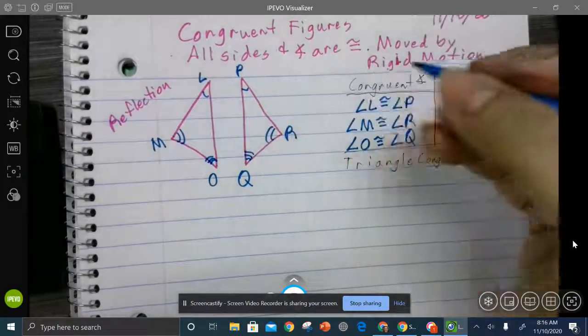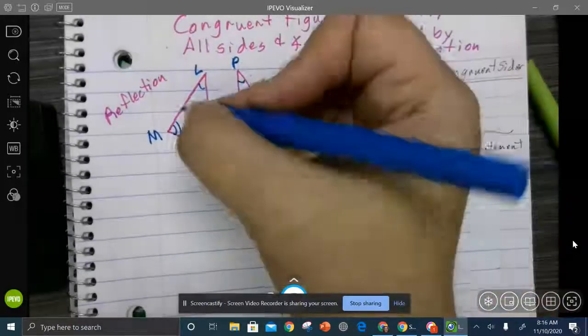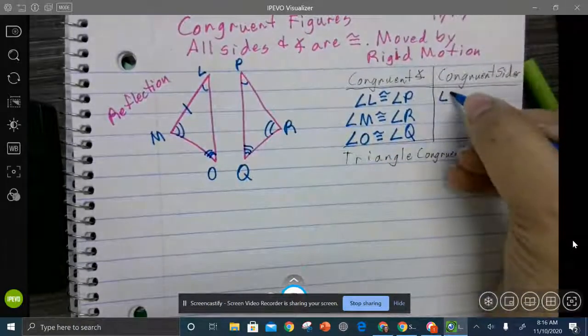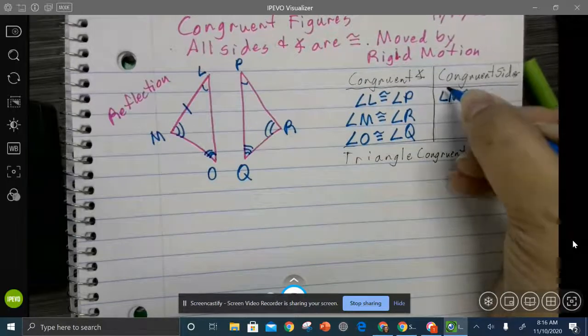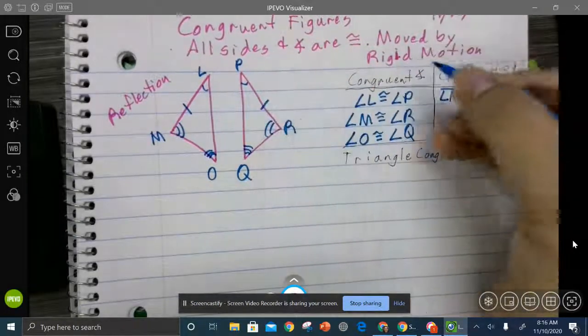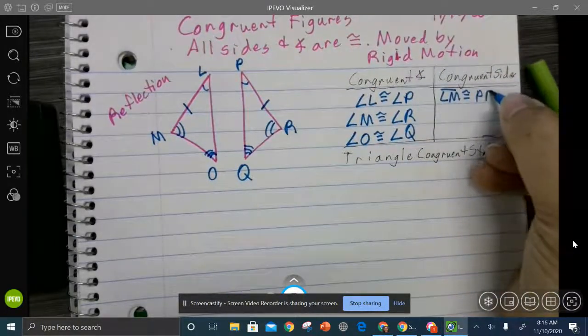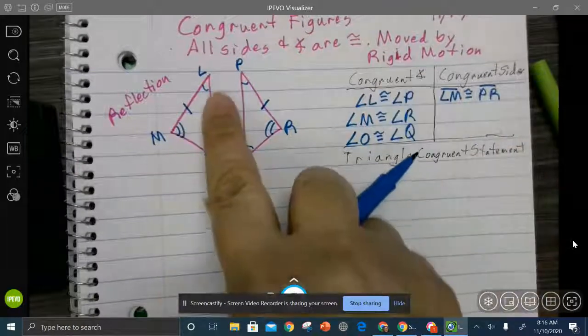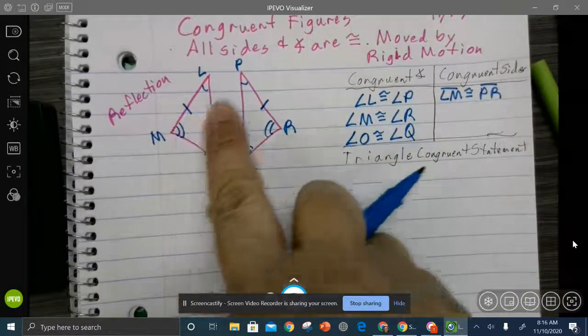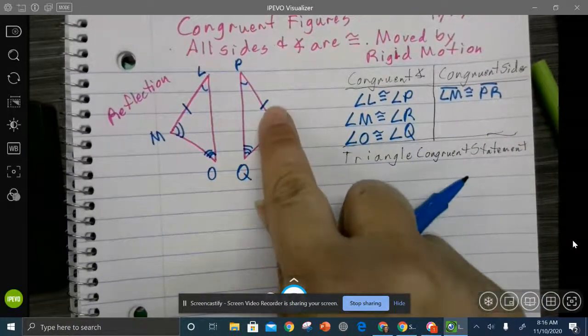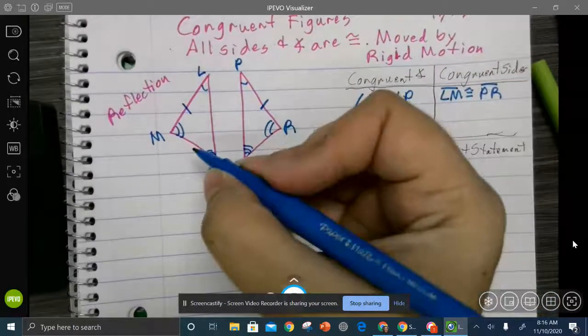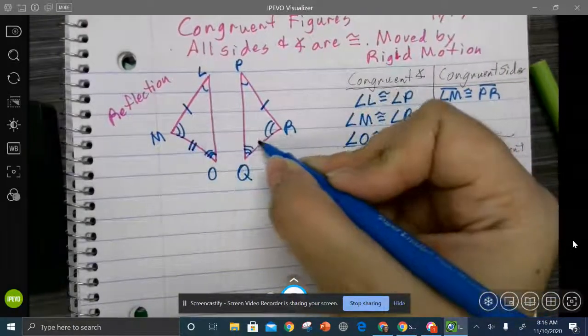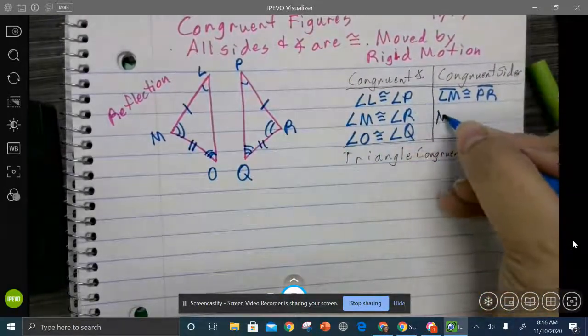Okay, and then for the sides, we have that side LM is congruent to PR. And everybody, when you're doing this, look at this is the first and second angle. So look for that for the congruent sides. And so then between the second and third angles, we have MO.